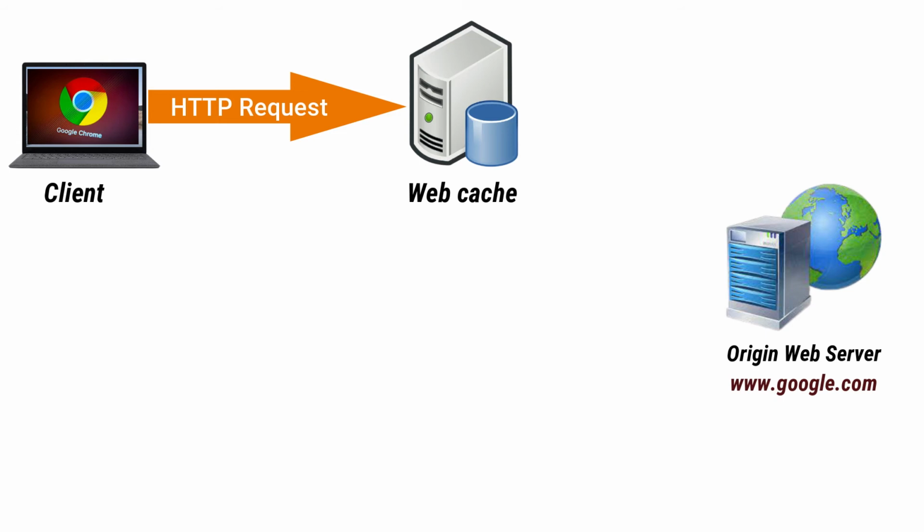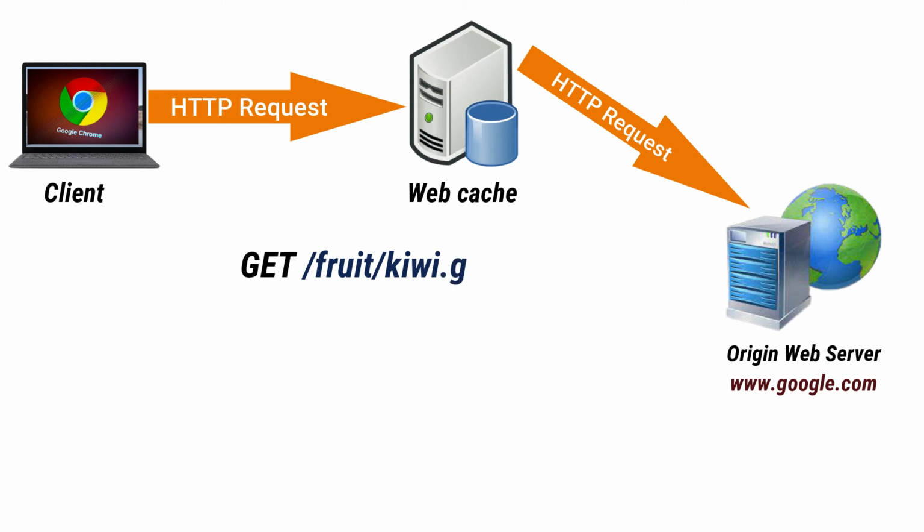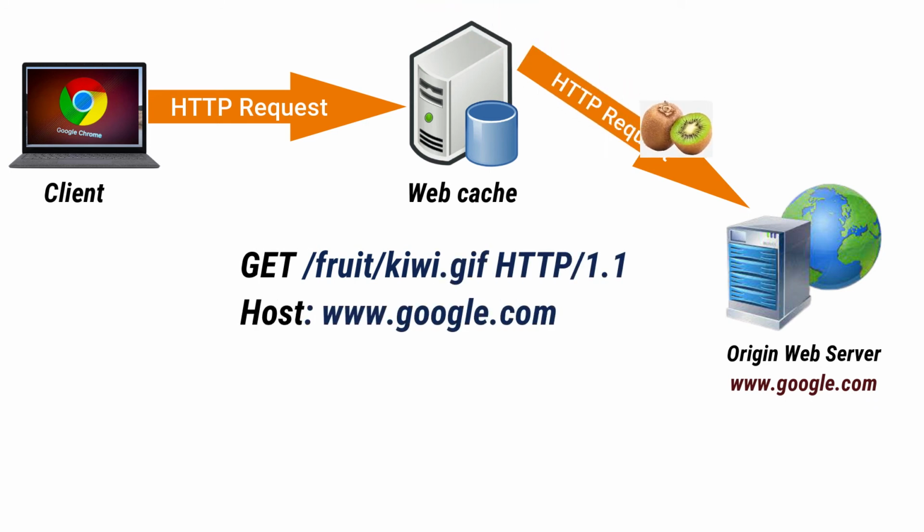First, on behalf of the requesting browser, a proxy cache sends a request message to the web server as GET /fruit/kiwi.gif HTTP/1.1, Host: www.google.com. We have seen this kind of message in the previous videos on HTTP message formats.